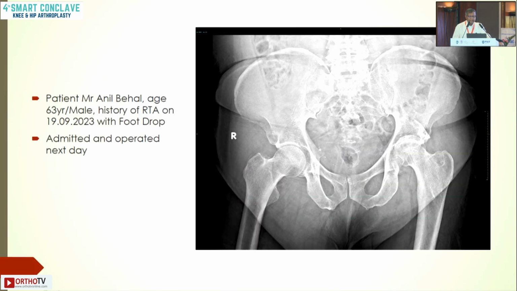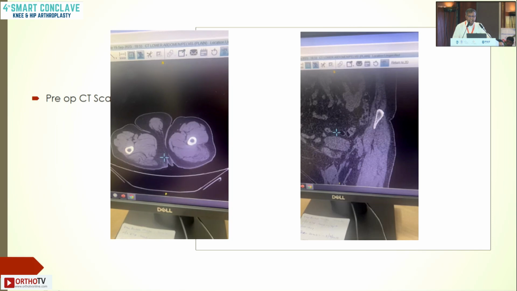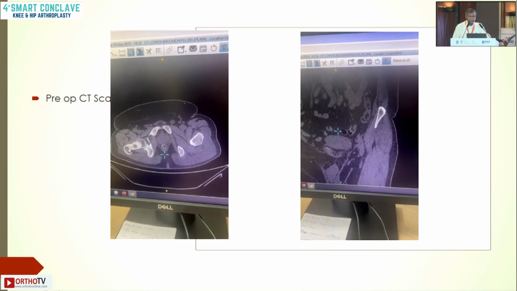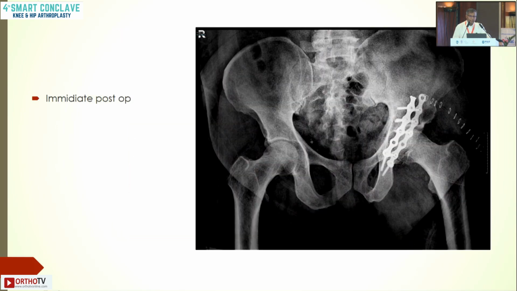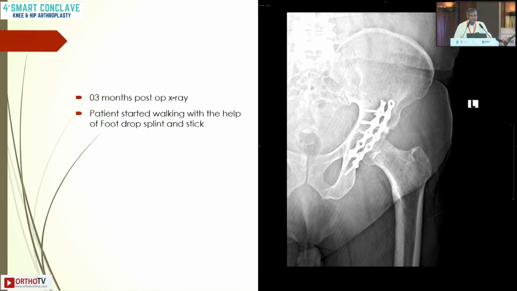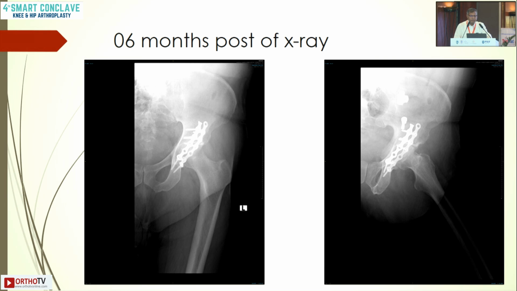There is another case. This is a history of fall. There is a posterior column fracture in this case. So I tried to achieve fixation of the posterior column with dual plating. The patient was all right. He started walking after the 3-month post-op X-ray, and this was the 6-month post-op X-ray.